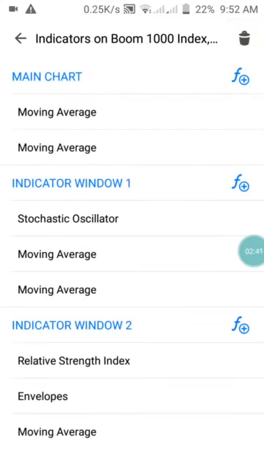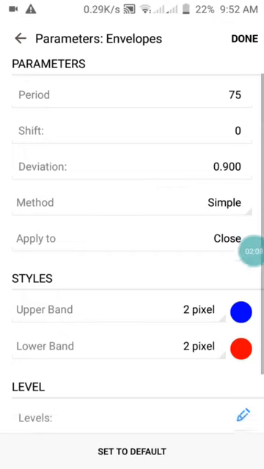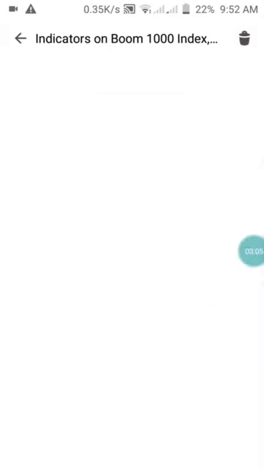Then we move to the second one, which is our envelope. We have the period of 75, we have the shift of 0, we have our deviation to be 0.900, we have our method to be simple, and we have apply to close. You see, we have these two colors, upper band and lower band here, which you are going to set like this. Just set it up the way I have it here. Then you press done.